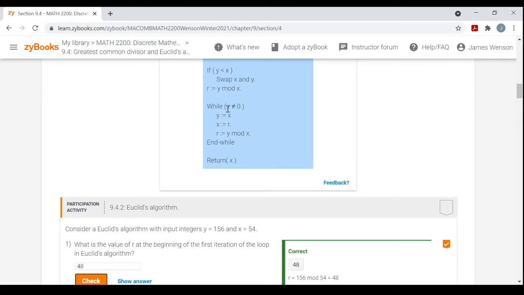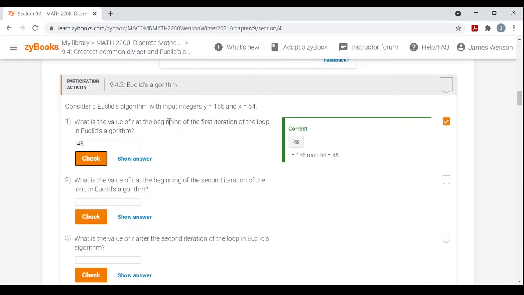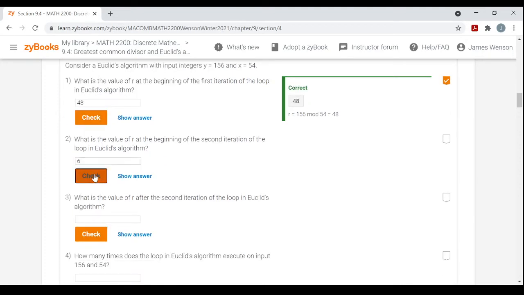Y would be given the value 54, x would be given the value 48, and then r would be 54 mod 48. So then when you start the next iteration, the value of r is 6. And what is the value of r after the second iteration? It's 0, because you had 48 mod 6.